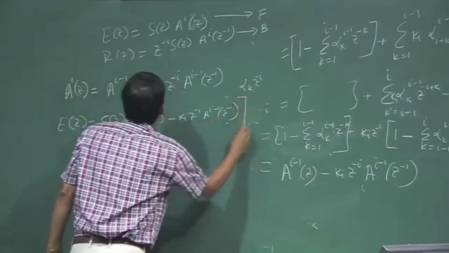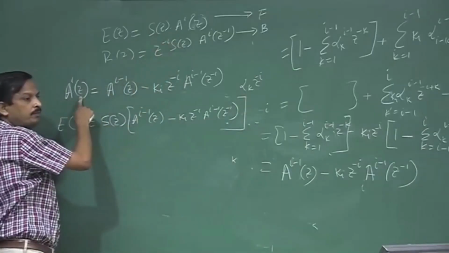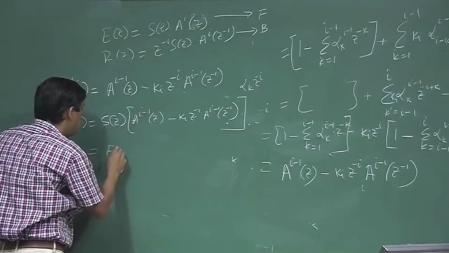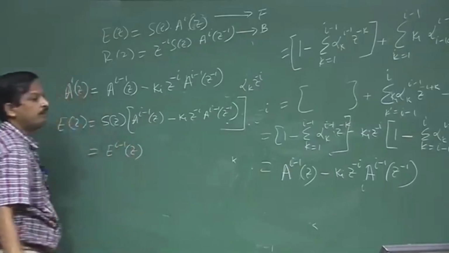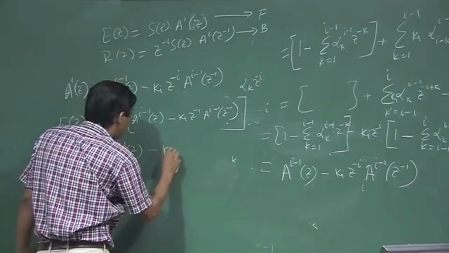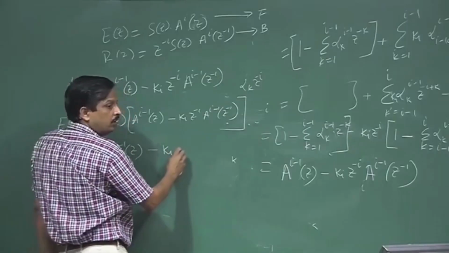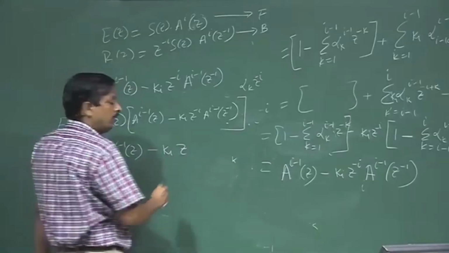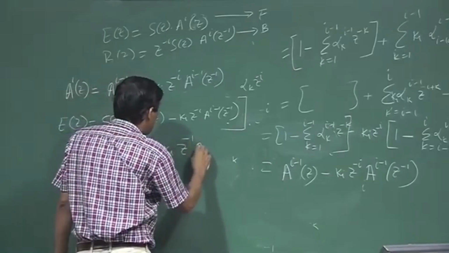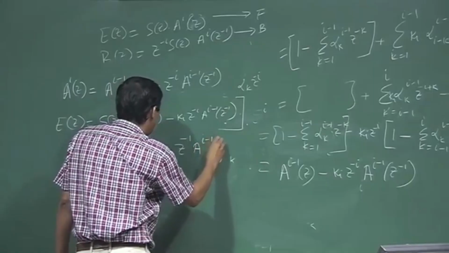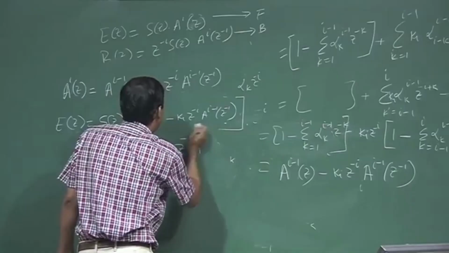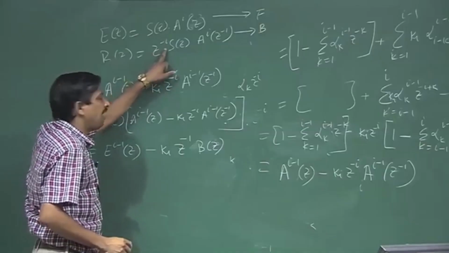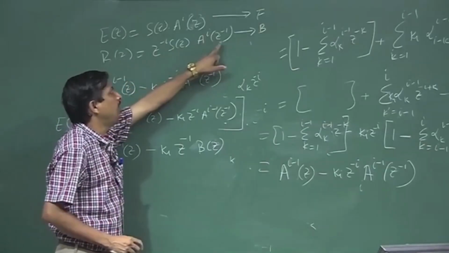I just put the value of A i of z. So it is nothing but S of z into A i minus 1 of z, so it is E i minus 1 of z, minus k i into z to the power minus 1 times B i minus 1 of z. What is B of z? It is z to the power minus i S of z into A i of z to the power minus 1.